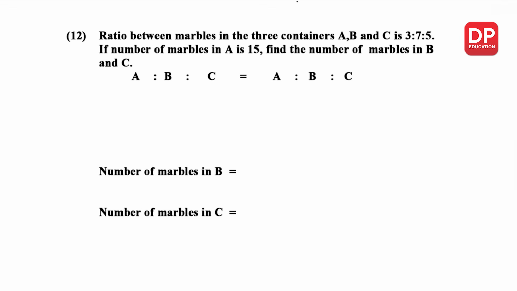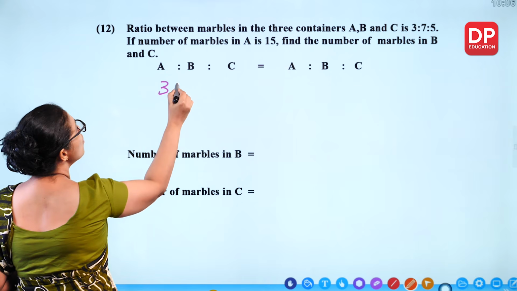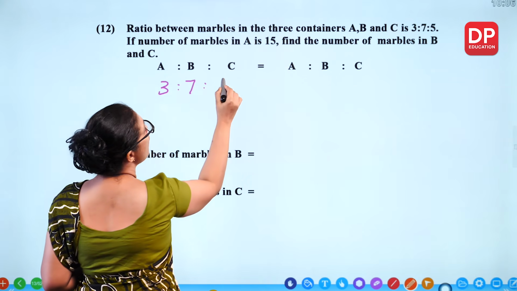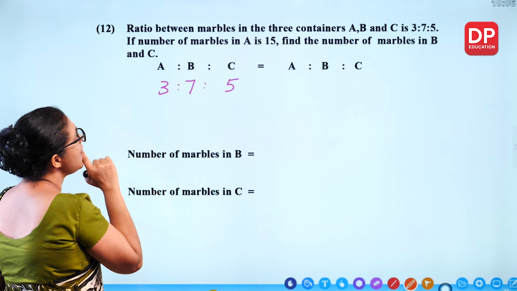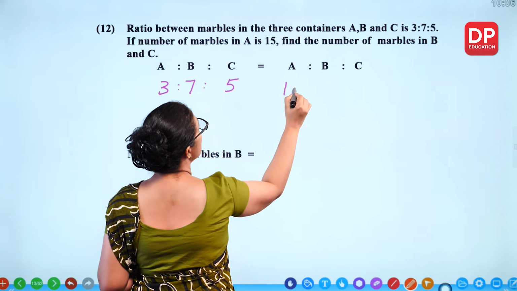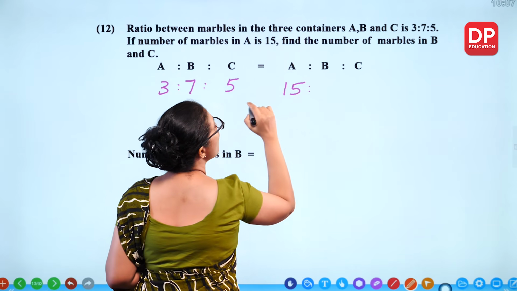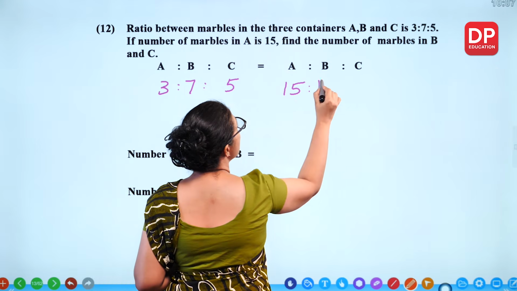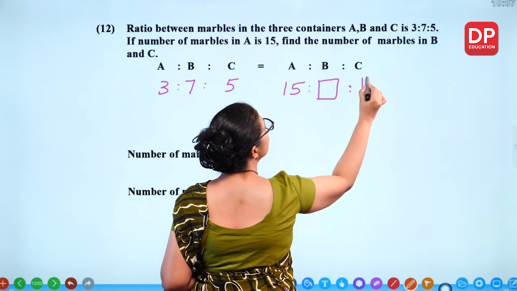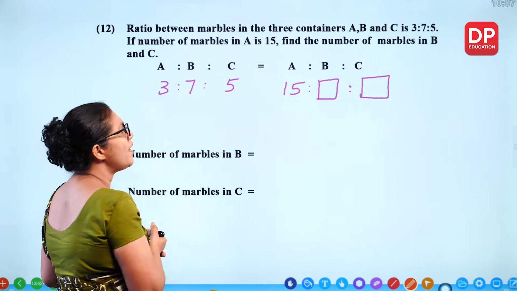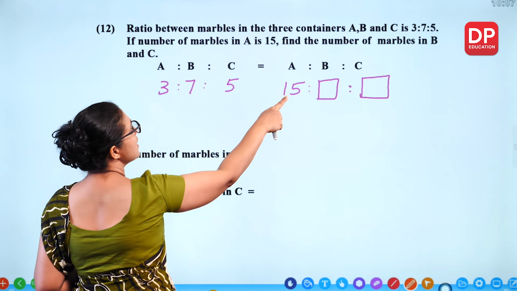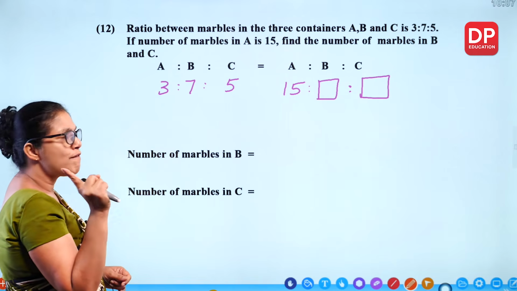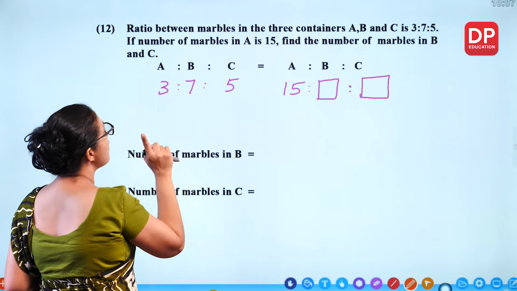The ratio between marbles in the 3 containers A, B, C is 3 to 7 to 5. If the number of marbles in A is 15, find the number of marbles in B and C. We need to find out these two values. So how do you do that? 3 becomes 15, so that means multiply by 5.